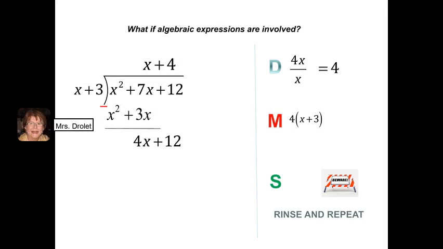So the next step is to take the result, that latest result, which is positive 4, and you multiply by the divisor. Multiply 4 times x plus 3. Don't forget, multiply the 4 by both terms. 4 times x is 4x, and 4 times 3 is 12. I've got 4x plus 12.